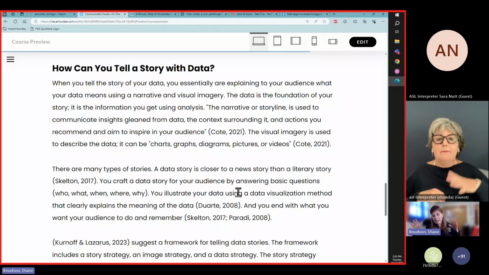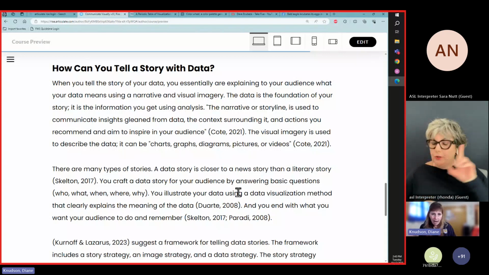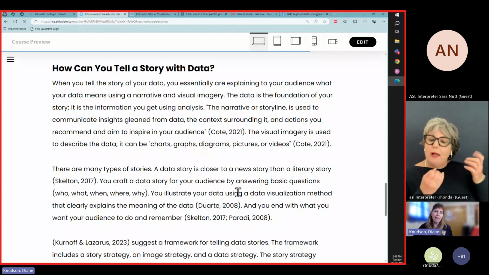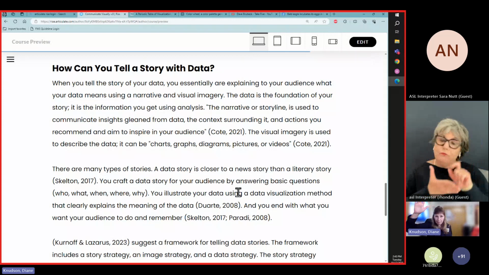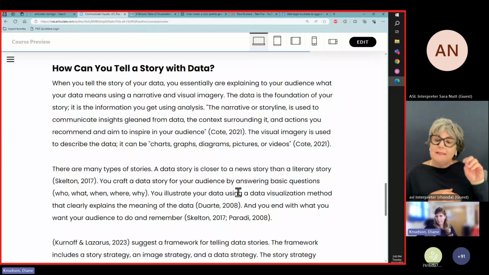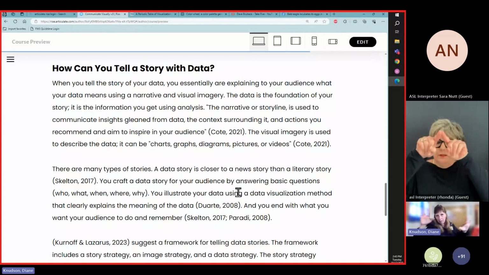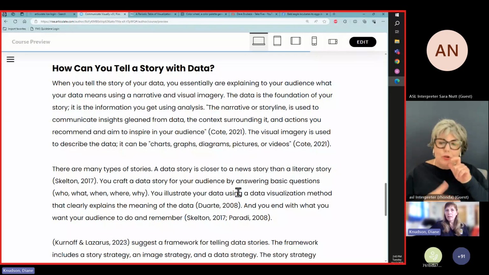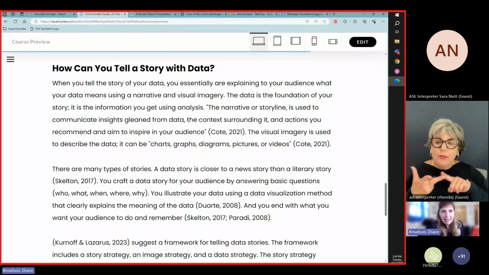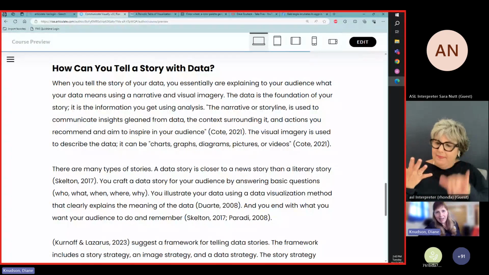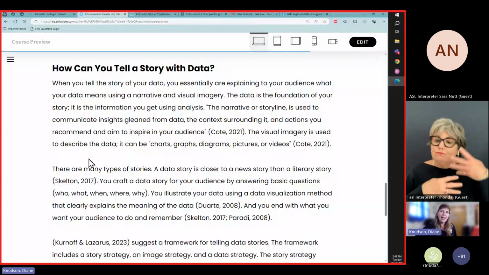He said, if you think of telling a story with data, it's more like a journalism story. How many of you online on this session have written in journalistic style before, with the inverted pyramid and the who, what, when, where, why type of thing? Yes, I see two. Okay, great.